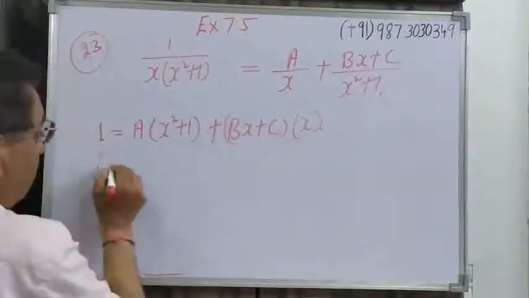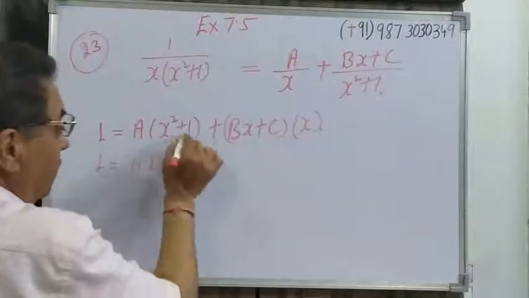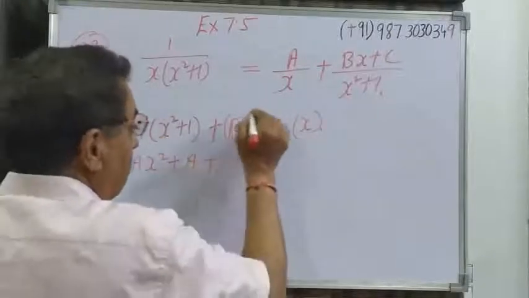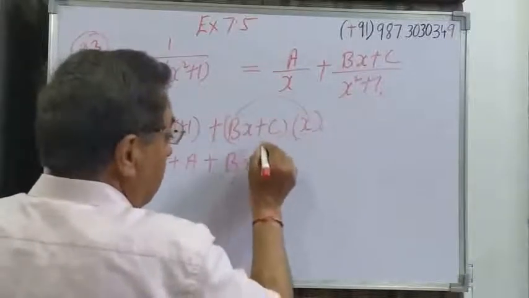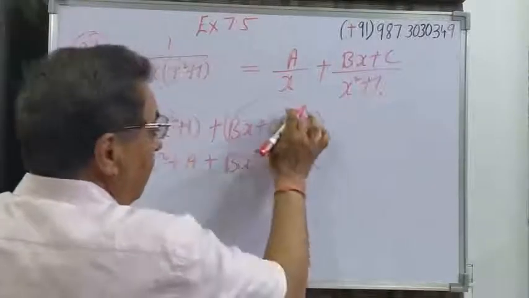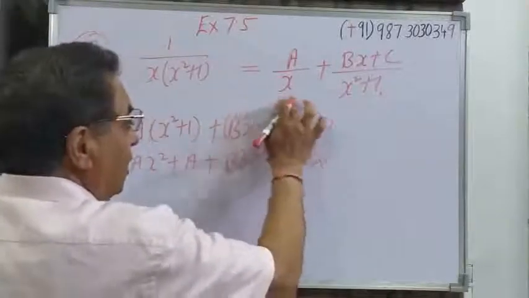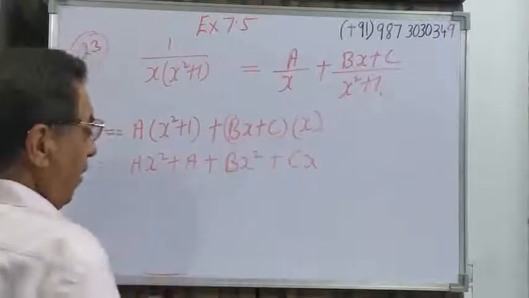Further simplification will give us ax square plus a, this with this one, and bx with x gives us bx square, and this plus cx. And what I have done is simply clear the bracket bx plus c; x got multiplied with the bx and c.